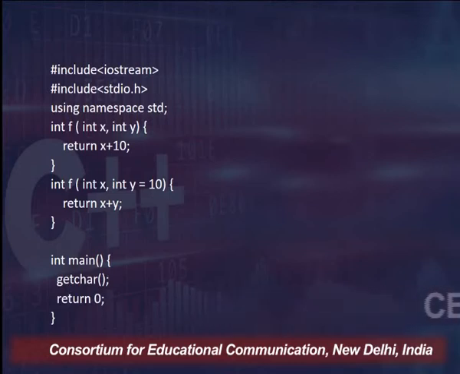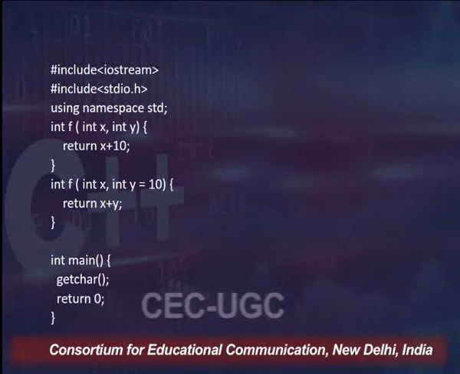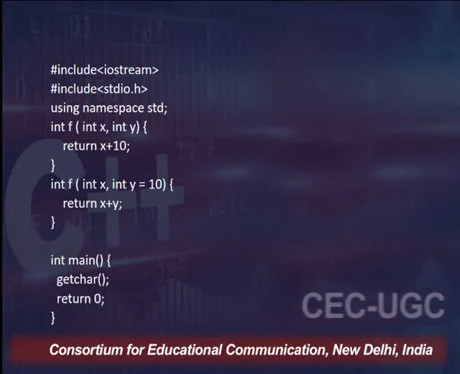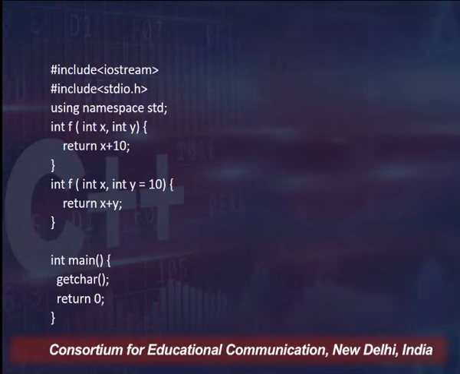The second, the overloaded definition of this function f, is also a prototype, which takes integer x and a default argument y as 10, and returns an integer, x plus y. Try to notice the difference between these two functions f. One has two variables, the other also has two variables, but among them one is a default argument, which is contained in the second.